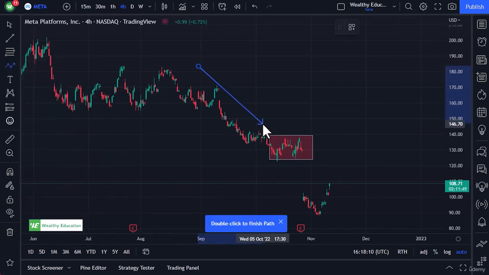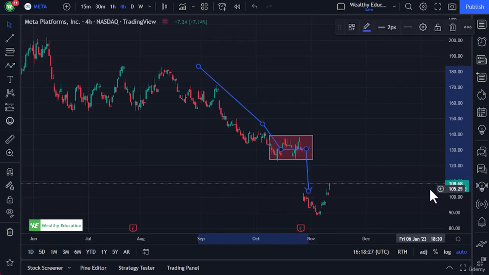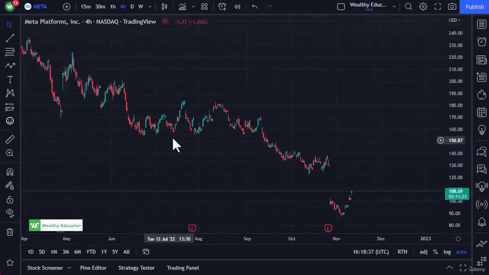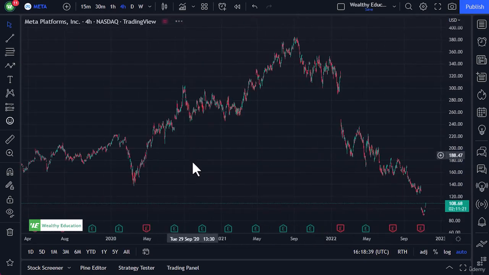So we get into here. And the question is, when we go sideways, is it what is known as a continuation or is it a reversal? Well, in this case, it was a continuation. You can see just how far it had dropped. That doesn't always play out, though. Sometimes the pattern can be a reversal.